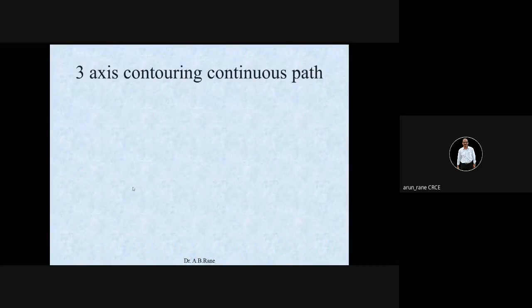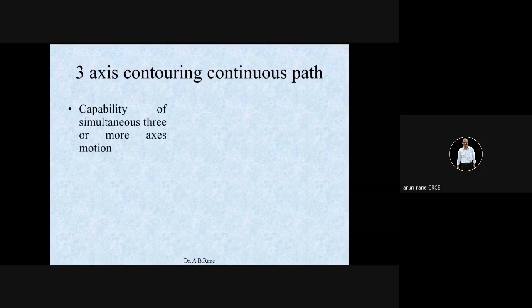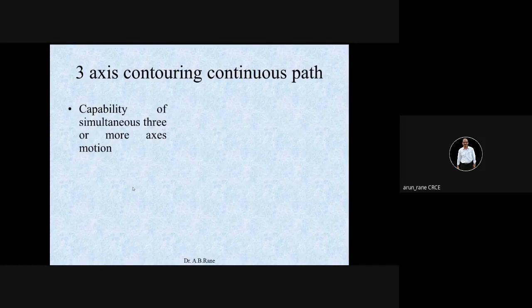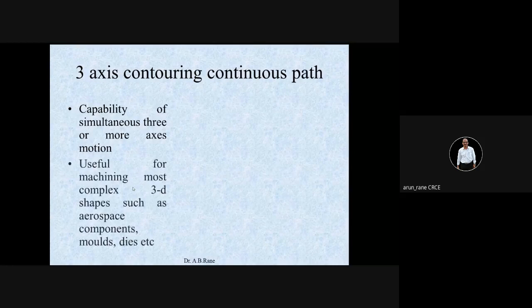In case of point to point, there are no simultaneous motions, only one axis moves. In case of straight line mode, two axes are moving simultaneously. In case of three axes, all the three axes are moving simultaneously. That is what is called the three axis contouring continuous path.